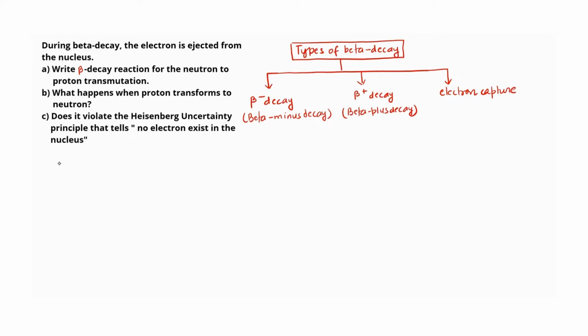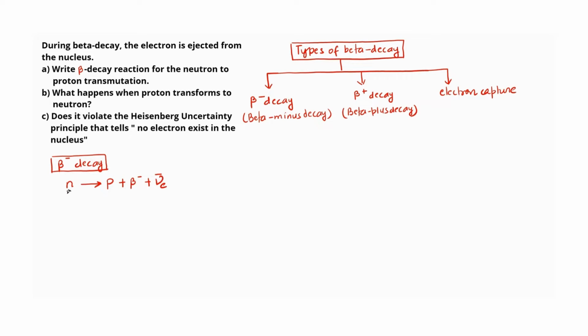Now, in beta minus decay, a neutron converts to a proton, a beta particle or electron, along with an anti-neutrino. So we have this.